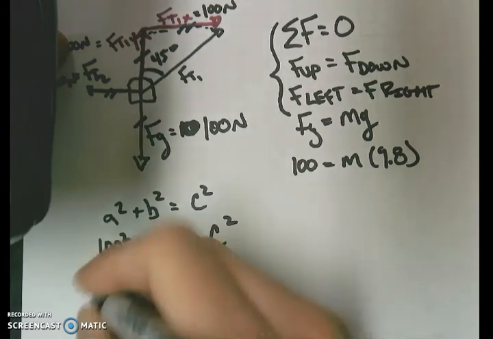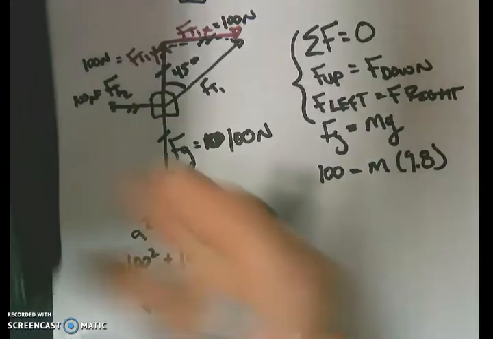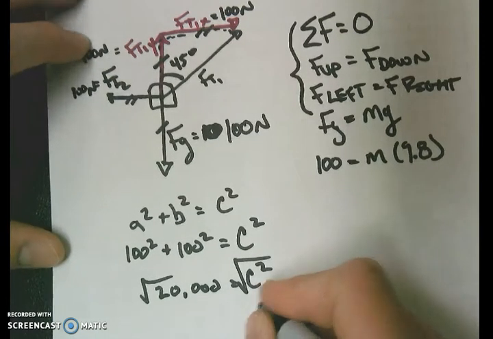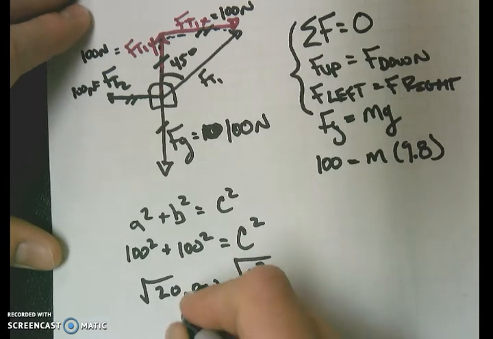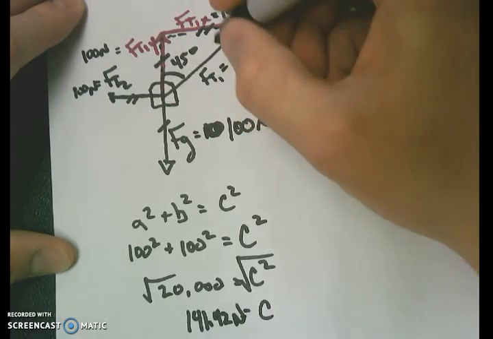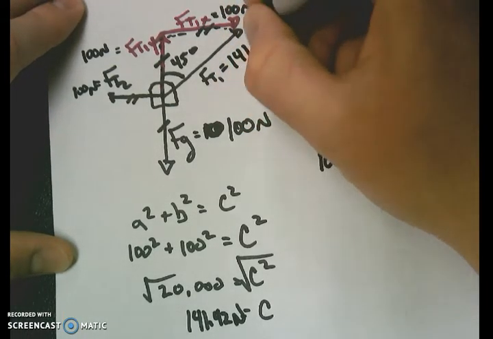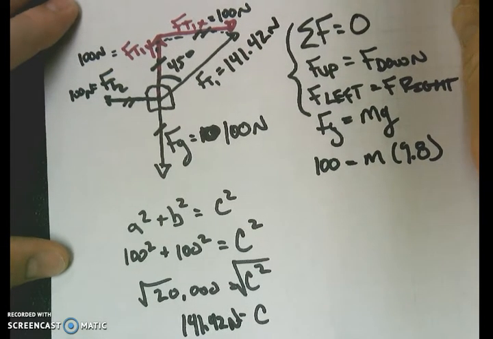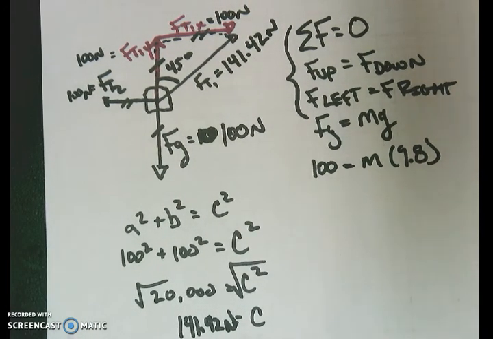And if I want c, I'm going to take the square root of both sides, and I get a c of 141.42. So that means this Ft1, which was my c, is 141.42 newtons. And so that's an example of how to do a quantitative force diagram of an object hanging from the ceiling like this one.